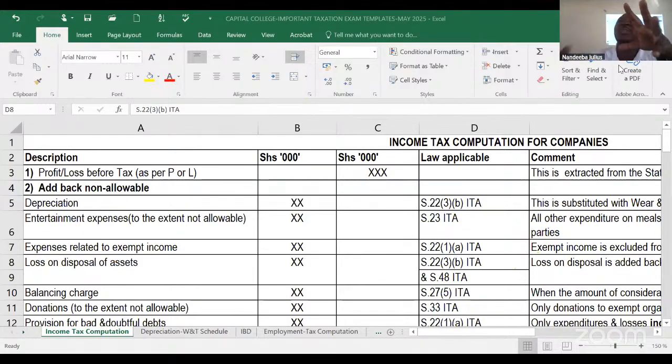When we are dealing with all other general businesses, every time you see a provision for bad debts, you add it back. But when it comes to financial institutions, there are exceptions. The financial institutions have both general provisions and specific provisions. So the only item you're going to add back are the general provisions. The specific provisions, you don't touch them.